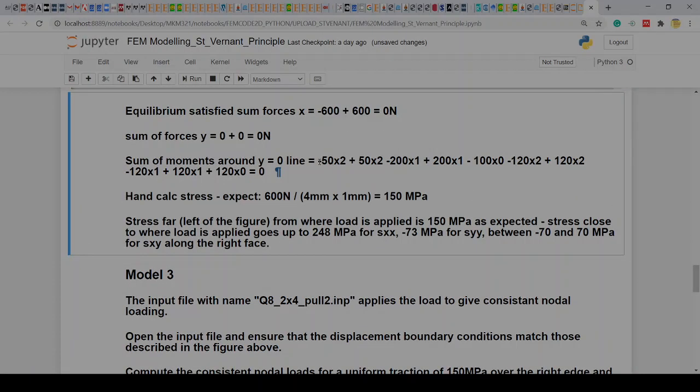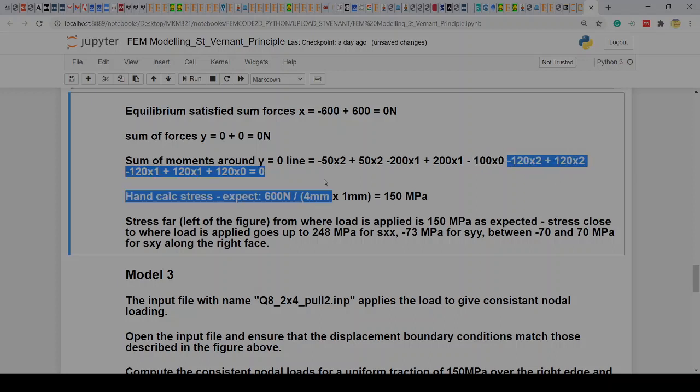And so you can say minus 50 times 2, plus 50 times 2, that's for the top and bottom, minus 200 plus 200 times 1, and then minus 100 times 0. That's what we have.